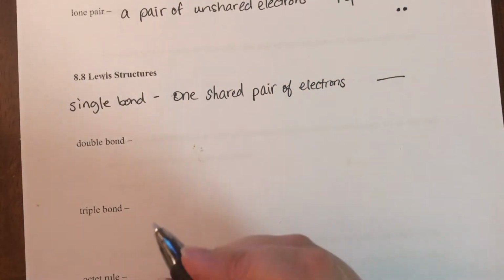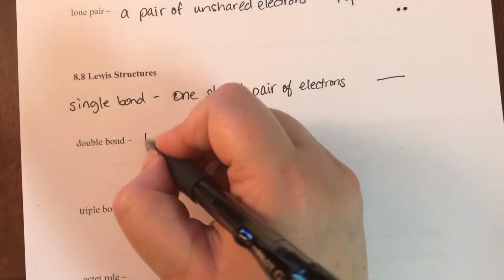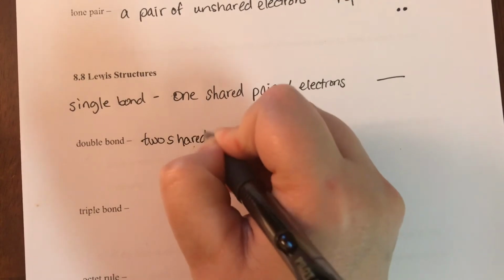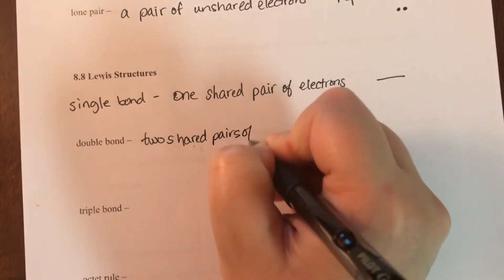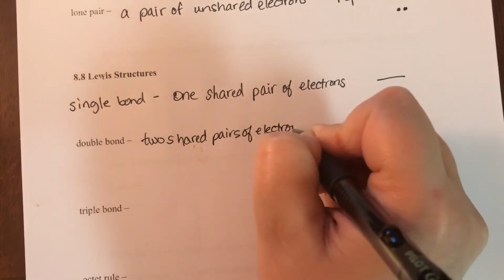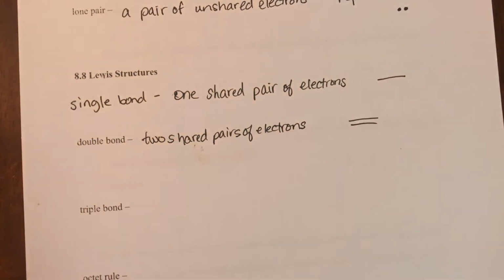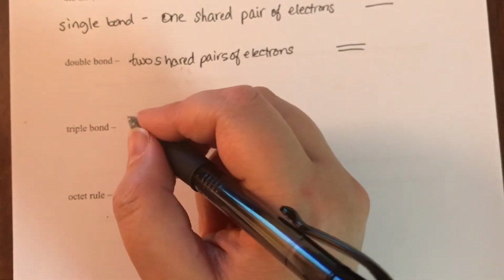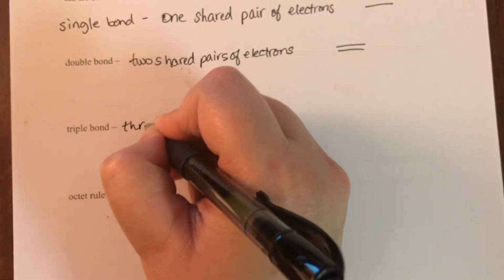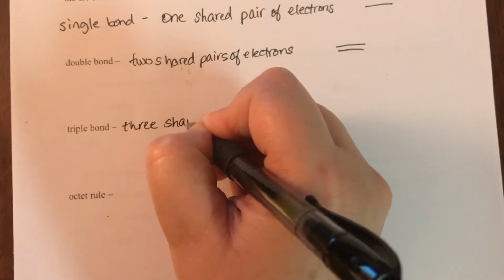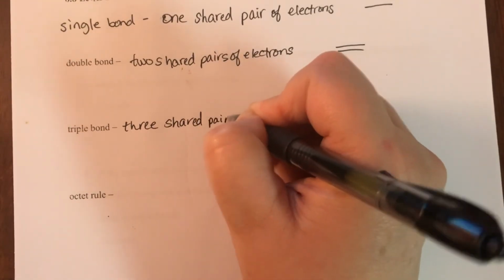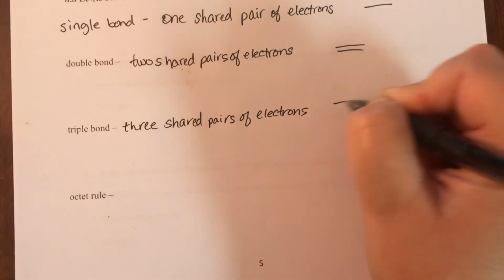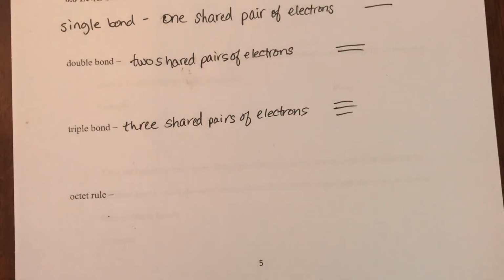A double bond is two shared pairs of electrons, represented by two lines. And I bet you can guess where we're going with triple. A triple bond is three shared pairs of electrons, and that's it. That maxes out. There are no quadruple bonds, and it'll be represented by three parallel lines.